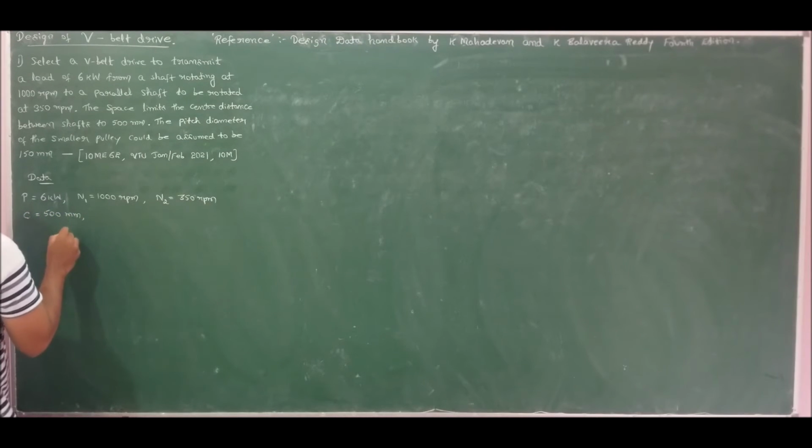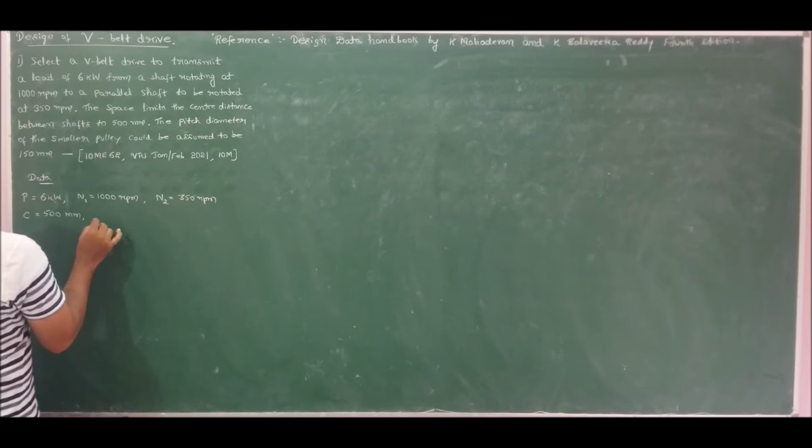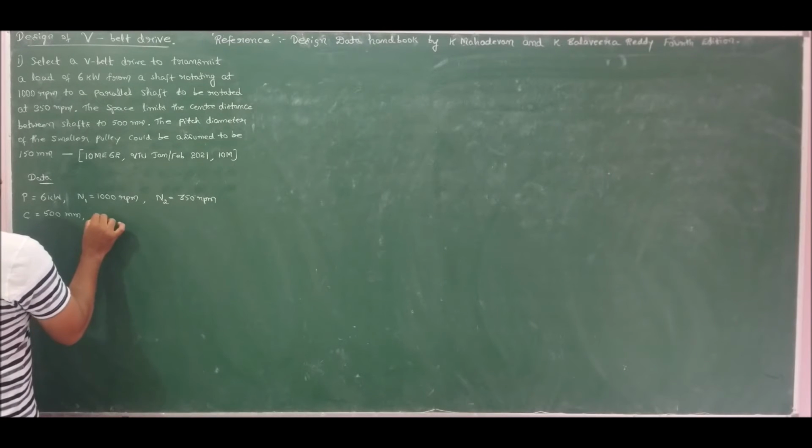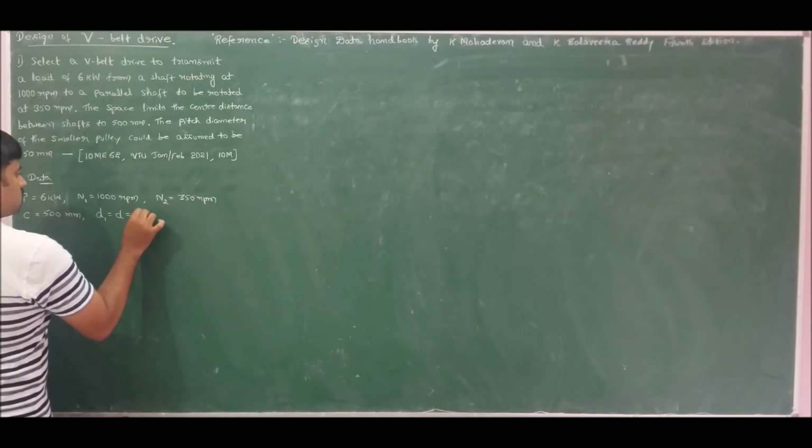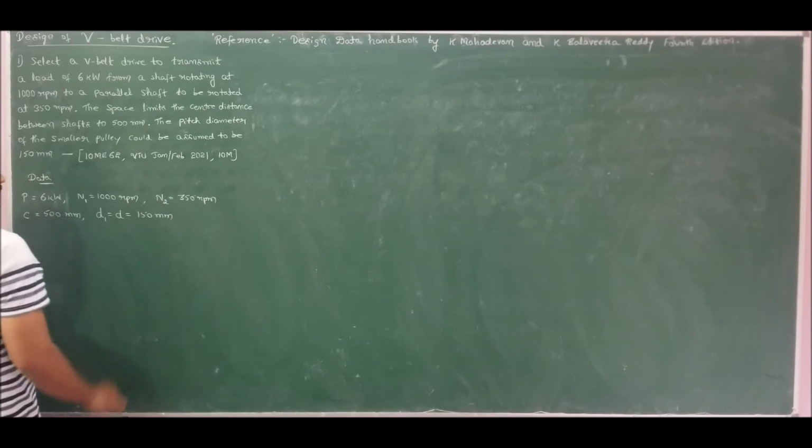The center distance is a very important parameter. The pitch diameter of the smaller pulley is also given, that is D1, which is nothing but small d, which is 150 millimeters.